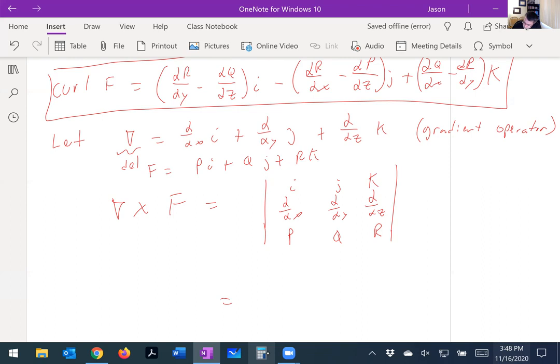Okay, so let's look at the i-th term of this determinant, this cofactor.